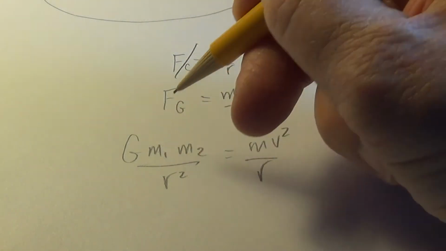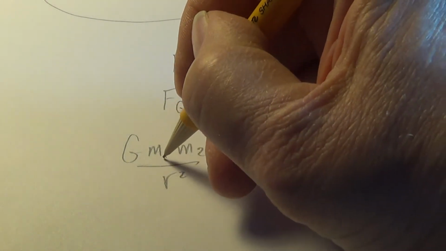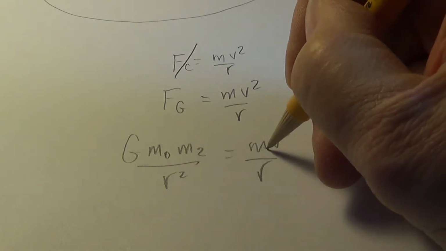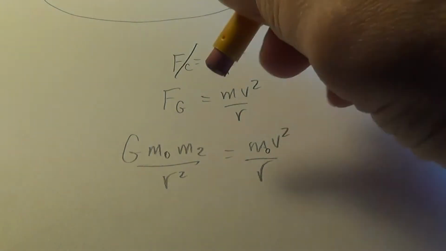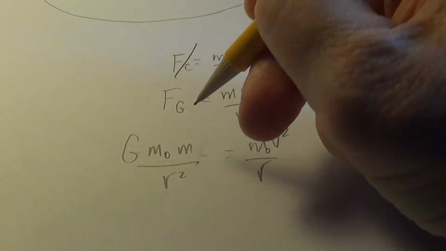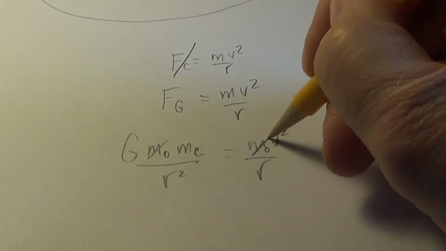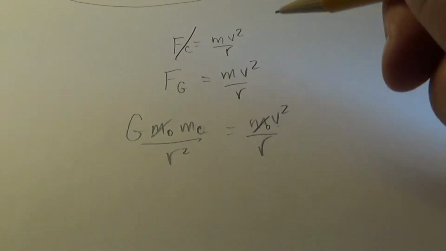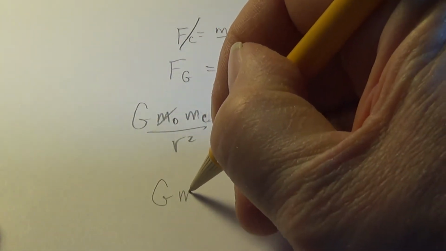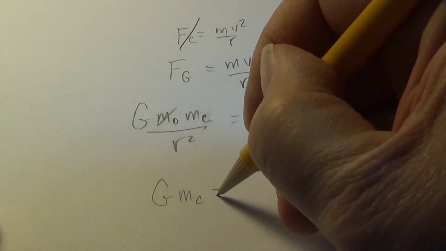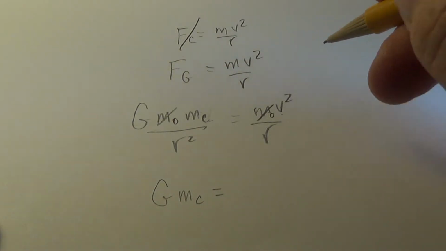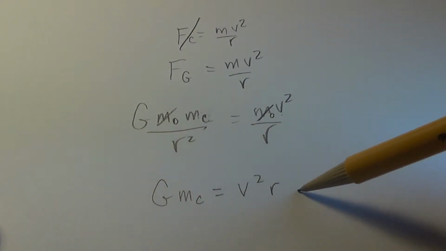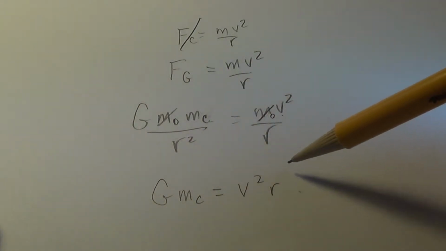Say this mass is the orbiting mass, this is also the orbiting mass, and this is the mass of the thing in the center. So these two will cancel, and when I multiply through by r squared, we end up with G M, the mass of the thing in the center, equals v squared r. That's the simplified working model, and this is where it comes from.